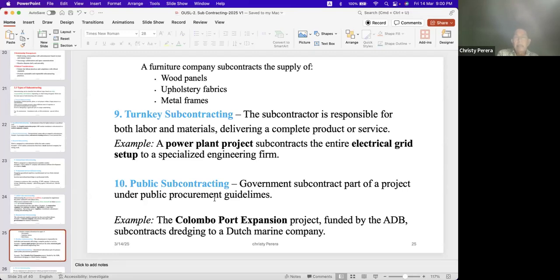The dredging part, they will have to give to the Dutch marine company. But according to the public procurement guidelines, after competitive bidding, they selected the Dutch marine company to do the dredging part.